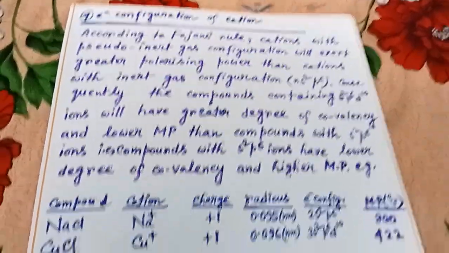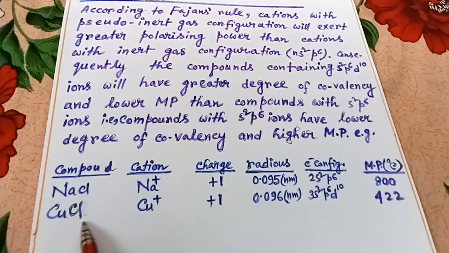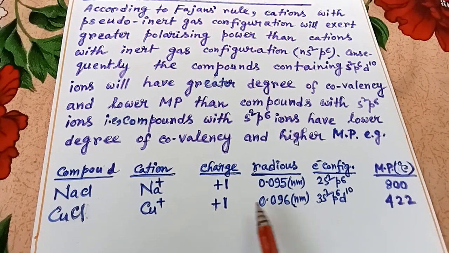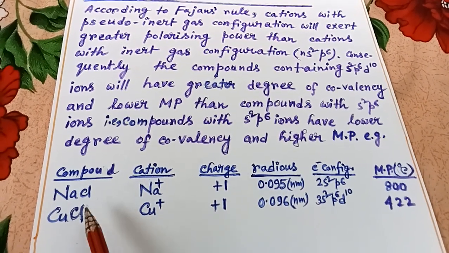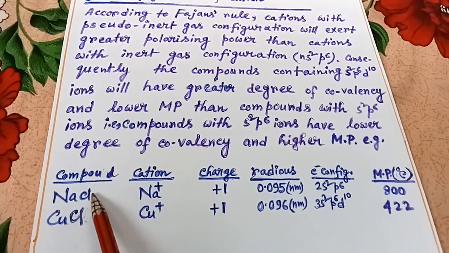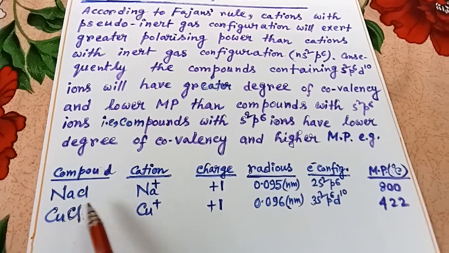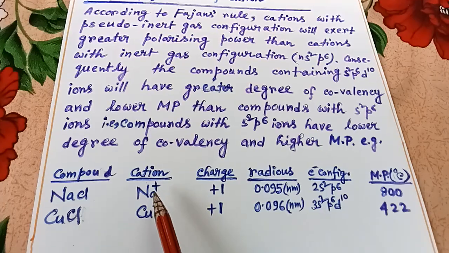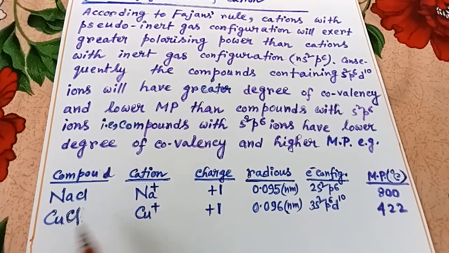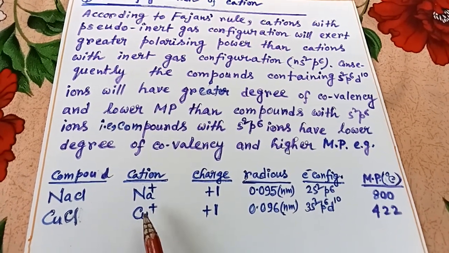For example, NaCl and CuCl, both of which contain the same anion chlorine, Cl minus. In NaCl the cation is Na+ and in CuCl the cation is Cu+.